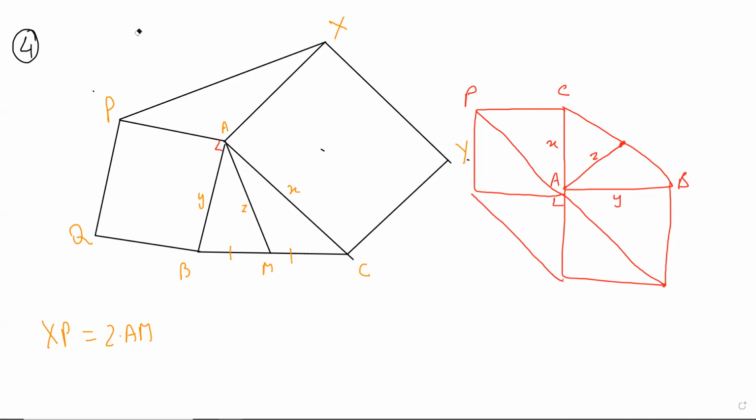So PAX is collinear, is what you're saying? No, sir, I meant that PAB will be 90, right? So if they're collinear, then that will also be 90. No, PAB is 90. Which one is 90?